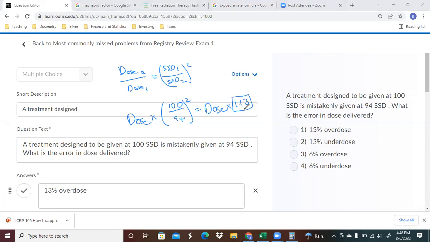So in this particular case, we end up with a factor here of 1.13, which means we end up with all the dose that we had before plus 13% more. Whatever falls on the right side of the decimal point tells you the percentage that is going to be the overdose, since you have a 1 here on the left side of the decimal point.